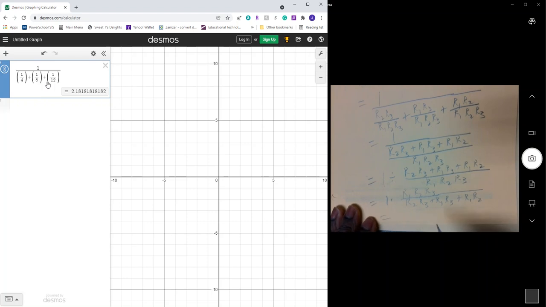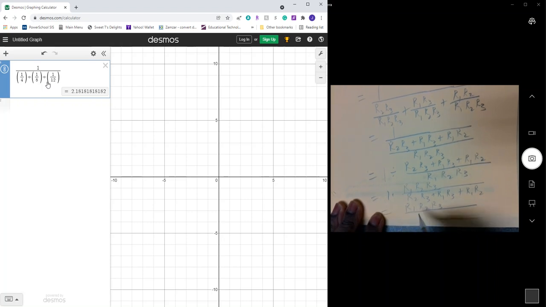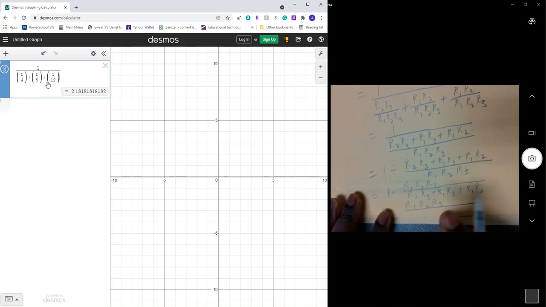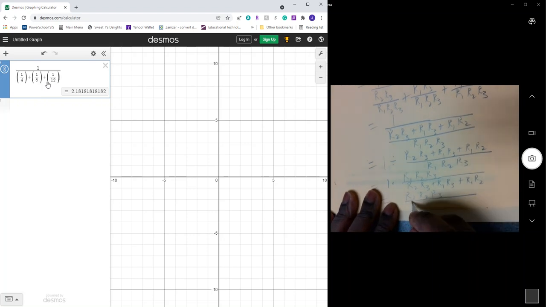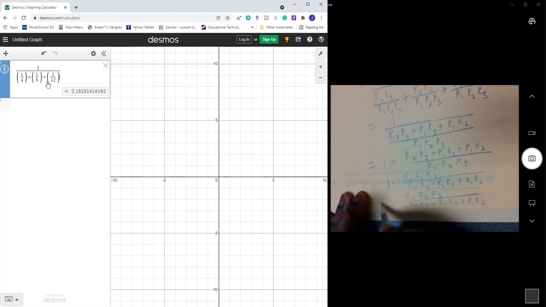And when we multiply that by 1, we know we would end up with R1, R2, R3 in our numerator. In our denominator, we have R2, R3 plus R1, R3 plus R1, R2. And this right here will be the final answer. So that took care of B.